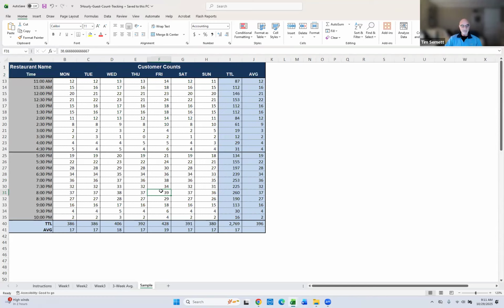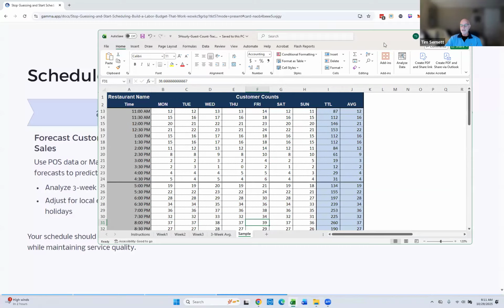The data is the data from your particular restaurant. That's why you need to pull that information from your point of sale system and start to build this information so you understand not just, yeah, I know that in my mind, but actual data of customer counts so you can start to build the ideal schedule and the ideal labor budget.